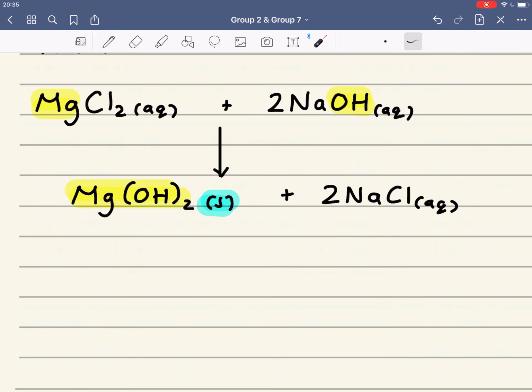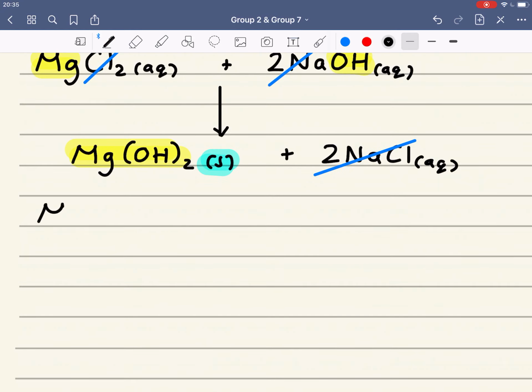Now, this is usually simplified to an ionic equation because we've got chloride ions in solution, sodium ions in solution as my reactants, and I've still got sodium and chloride ions in solution as my products. They in effect can cancel out, so we basically get rid of these, and that then can be written as an ionic equation.